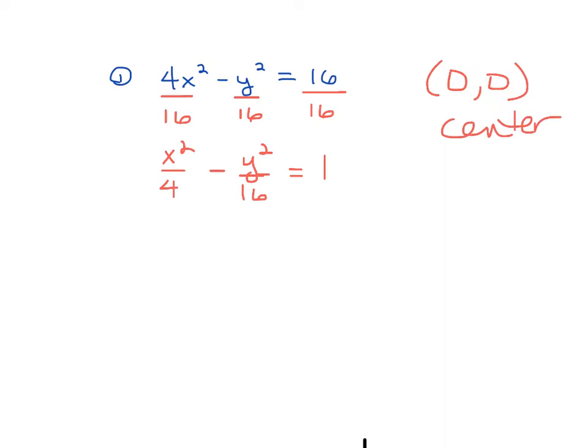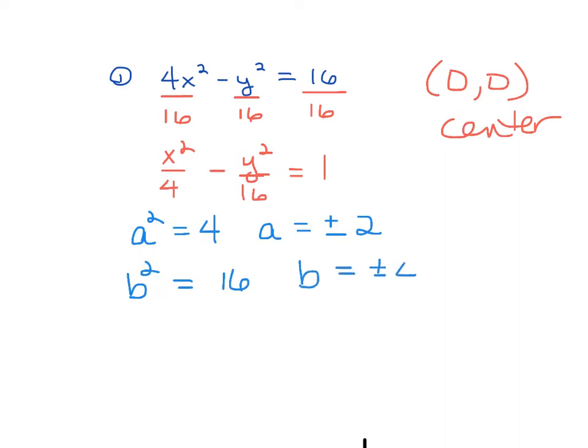Again, remember a squared is always first. So a squared equals 4. And a is equal to, I would square root that 4. So it's plus and minus 2. The b squared is second. So that will be equal to 16. And b is equal to plus and minus 4.